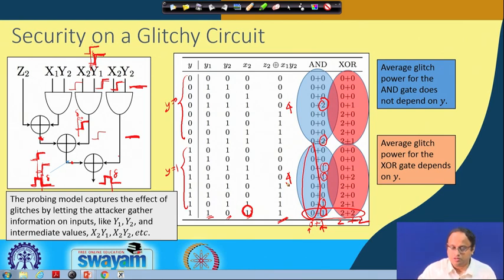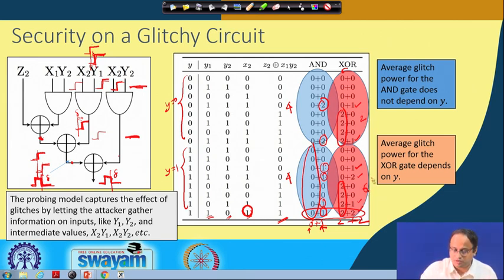On the other hand, if you do this exercise for an XOR, you see that before the glitch there is no problem, because you have 2 plus 2 plus 2 plus 2, which is the same as 2 plus 2 plus 2 plus 2 in the case of y equal to 1. But after the glitch, or after the transition, the sum here is 1 plus 1 which is 2, and here it is 1 plus 2 plus 1 plus 2 which is essentially 6. So now there is a dependence: here it was 2 and here it is 6.